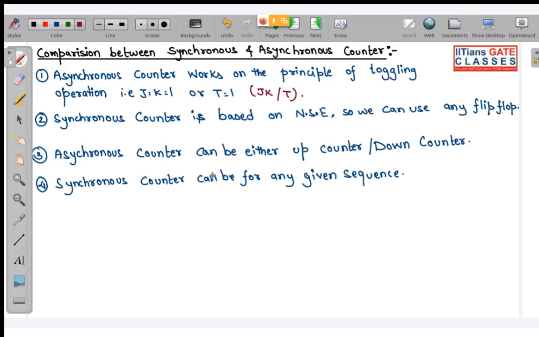But in a synchronous counter, we have seen we can take any state of counting, like 0 to 1, then to 5, then to 3, and then again back to 0. So we have seen that we can achieve such a counting sequence in your synchronous counter. Why? Because a synchronous counter takes help of your next state equation.